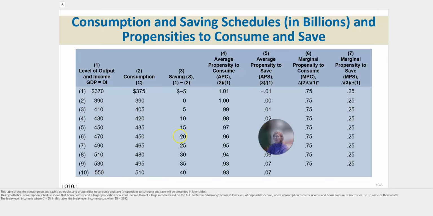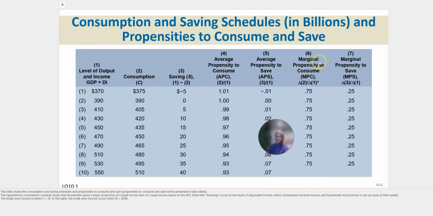Each time, because we have more money, we spend more, but we spend a slightly smaller percentage, and we save a slightly larger percentage of our total income. So that is, on average, what we consume and save.